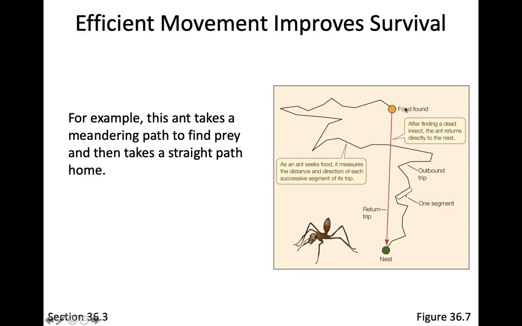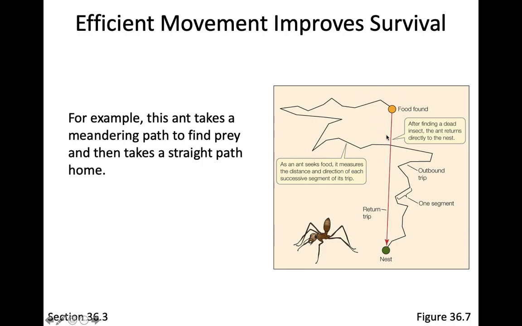Now, once you've found that food, they're going to go straight back to their nest. It's very wasteful to just meander around and take all the time that you need. You've already found food. You want to get as much energy out of it as you can. So why would you want to waste energy just kind of rambling around to get back to your nest? So organisms, once they find that food, they tend to be very controlled on how they deal with that food from that point forward.